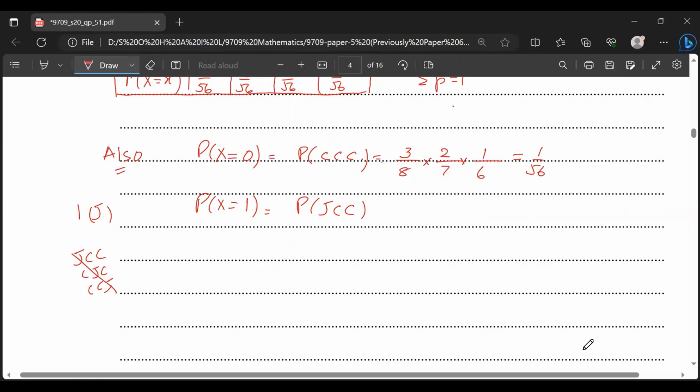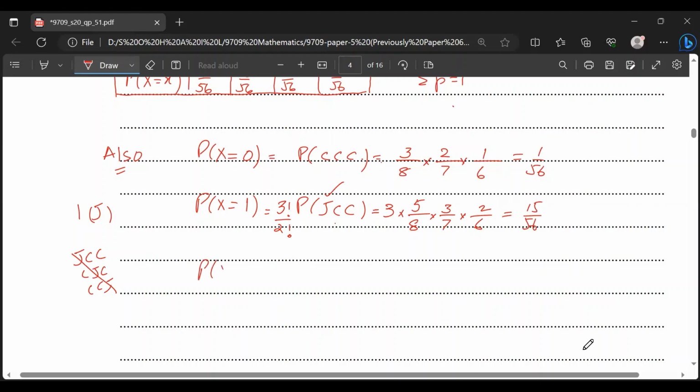So how to write it? As there are three things, they can be arranged in 3 factorial over 2 factorial. So you have to apply this permutation concept here. So 3 factorial over 2 factorial is 3, multiplied by first out of 8, then out of 7, then out of 6. First jelly, there are 5 jellies, and next the probability of chocolate is 3 over 7. The chocolate, because 1 less, is not 2. So the answer is 15 over 56, same as before.